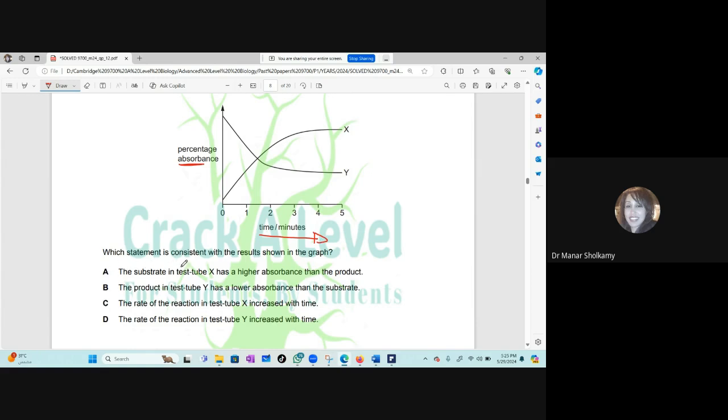Let's look at A. The substrate in test tube X has a higher absorbency than the product. B. The product in test tube Y has a lower absorbency than the substrate. Always the substrate is at the beginning and the product is at the end. C. The rate of the reaction in test tube X increased with time. D. The rate of the reaction in test tube Y increased with time.